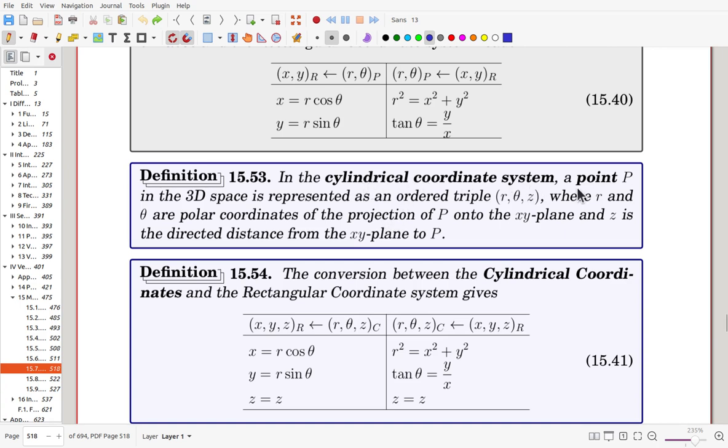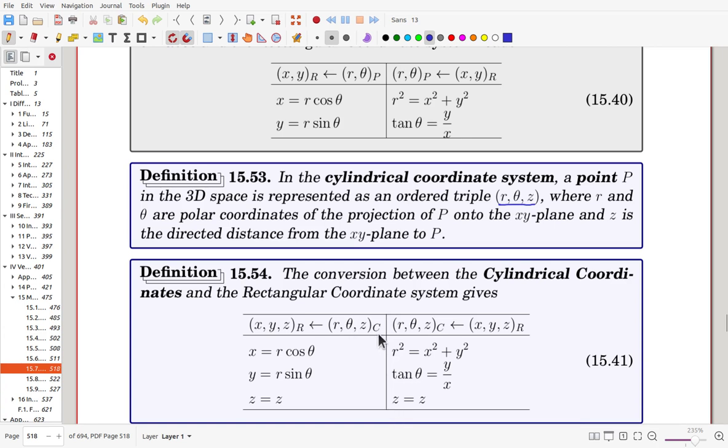In this system, a point P is an ordered triple (r, theta, z), where r and theta are the polar coordinates of the point on the xy plane, and z is the directed distance from the xy plane to the point P. So the corresponding conversion formulas are given in this way.